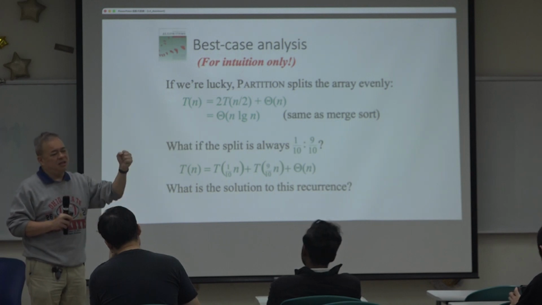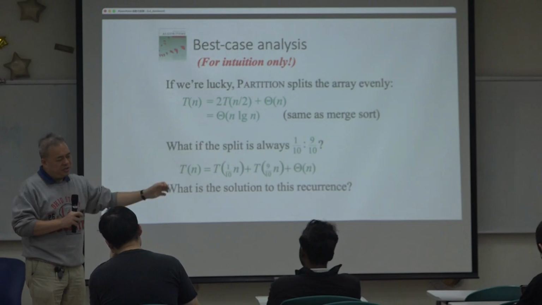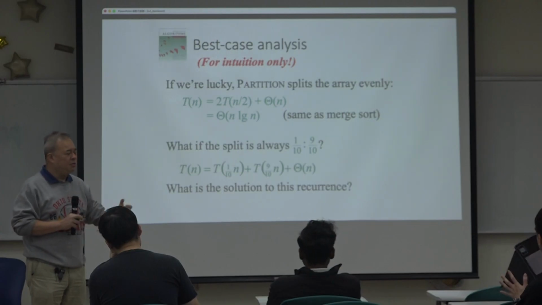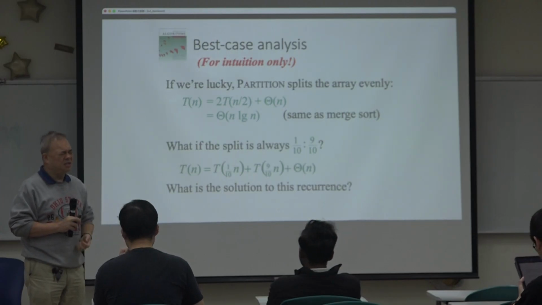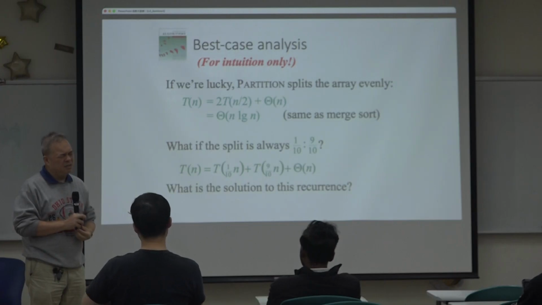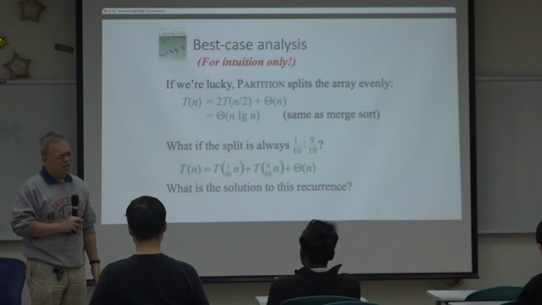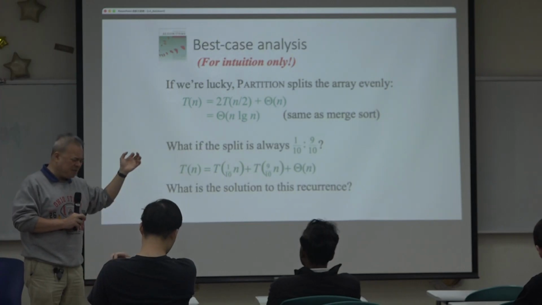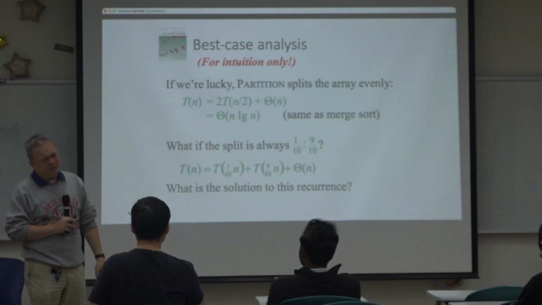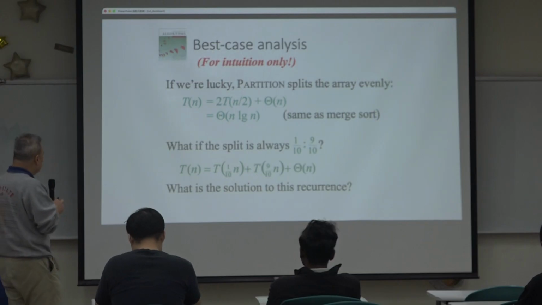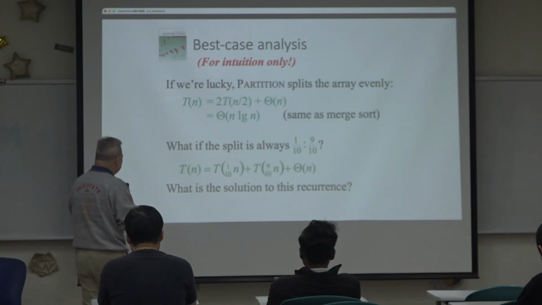You randomly pick a number from an array. It is not likely you can pick the median, but it is also very unlikely you can pick the biggest or smallest element. So this assumption is much more practical.